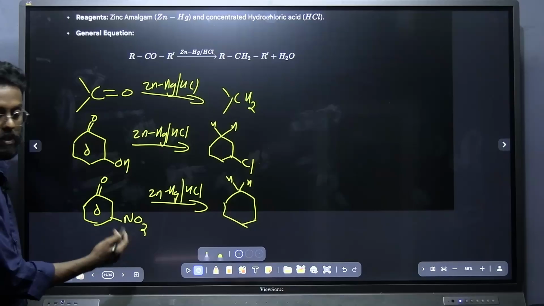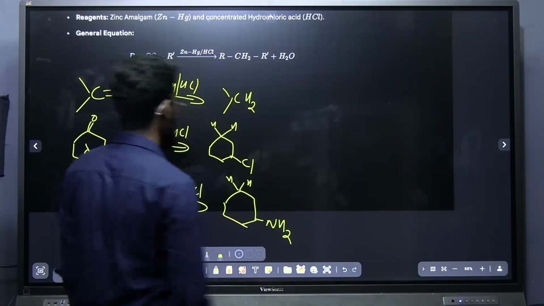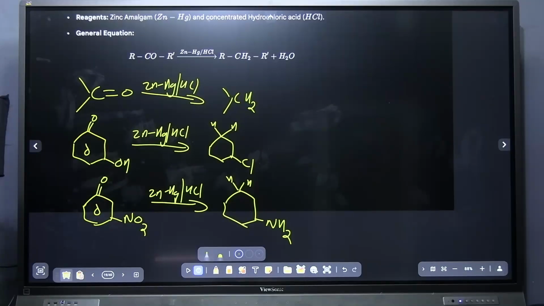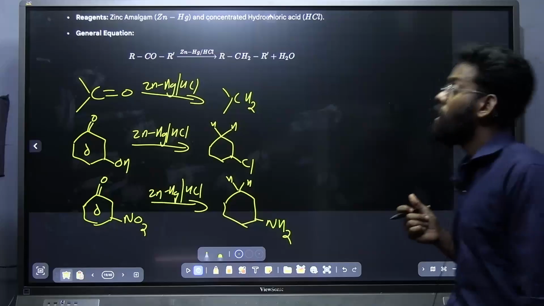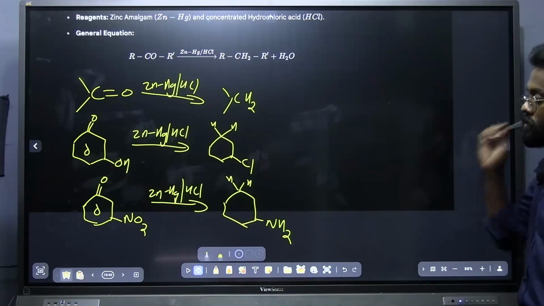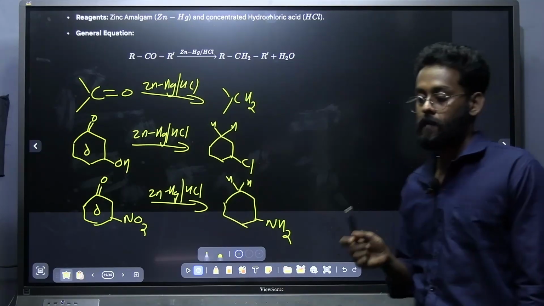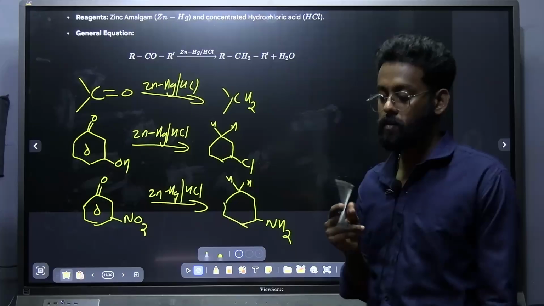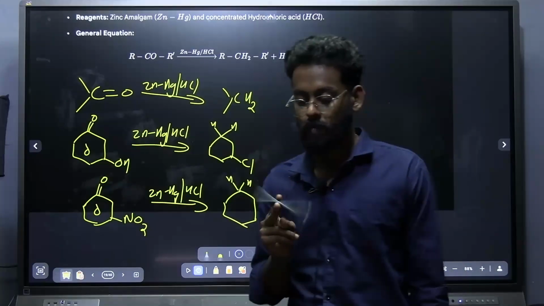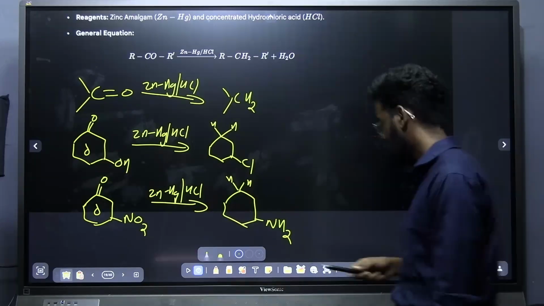Anybody know? This nitro compound will be reduced to NH2. So these are the other few points you have to note down in the case of Clemmensen reduction reaction. If it is noted down, we can move into the next one. Done everyone? Done, my dear students? Are you guys there? Yes, thank you.